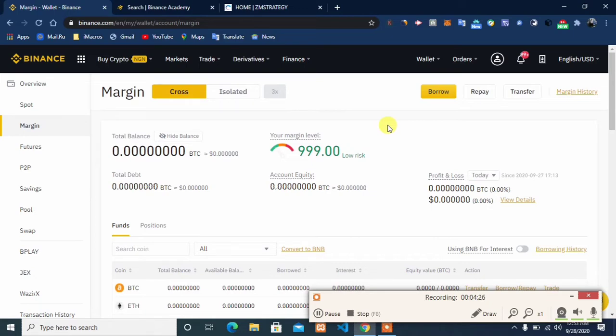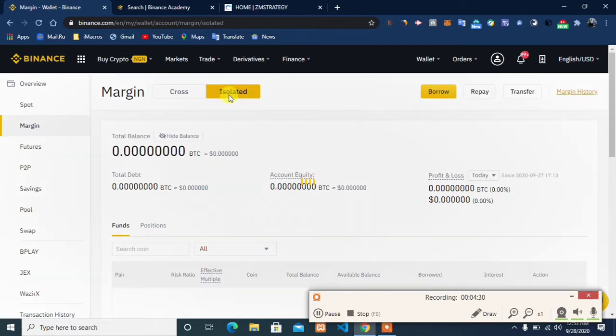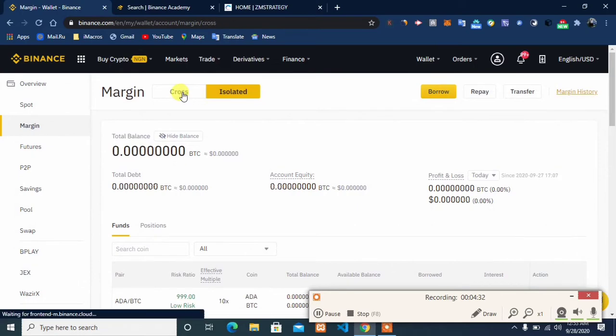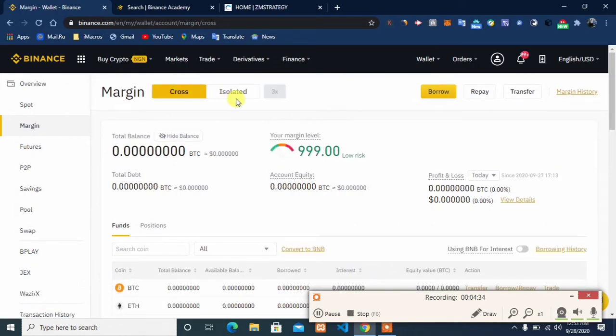Now you can see here on the market side we have cross and isolated. The difference between cross and isolated is that if you are using cross, for example, maybe you use $100 to take a particular trade, and the market starts going against you.